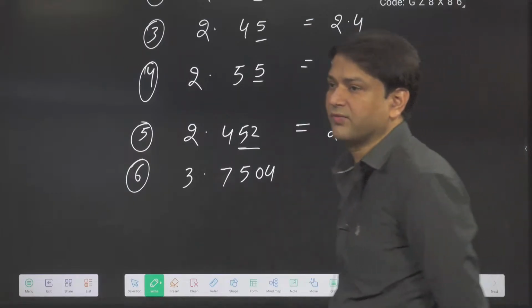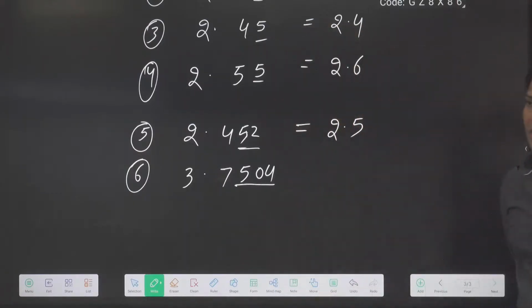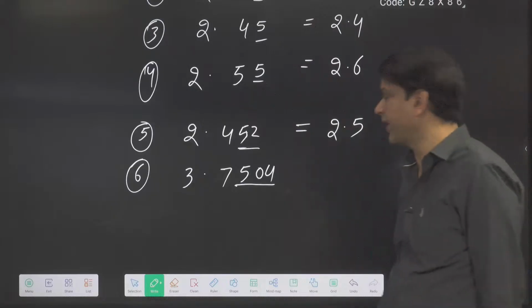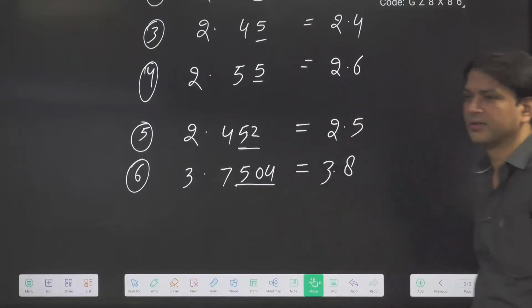Tell fast. Means what you have to drop? You have to drop this. I said you have to drop 5, and after that, any non-zero digit at any place, it means this value is more than 5. It means directly you will increase the preceding by 1. So the answer is 3.8. Okay, good.